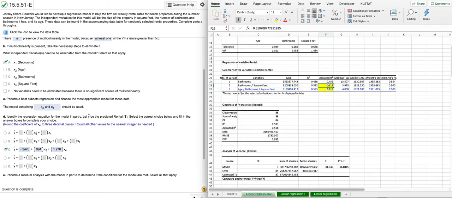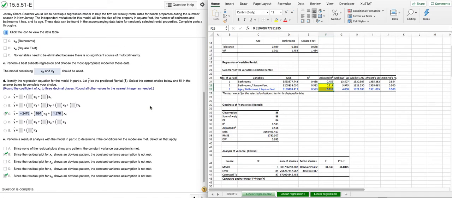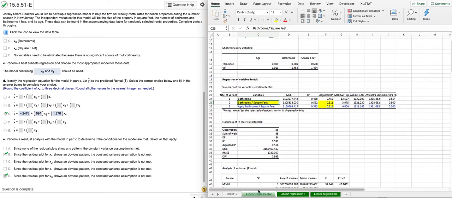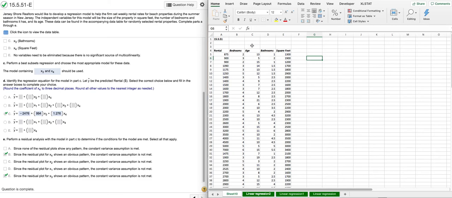Once again, because there's very little difference in the adjusted R squared, just 5/1000ths of a difference. So really our best model in this case is not the third one here, but just the bathrooms and square feet, which is x sub 3 and x sub 4 in our data. So this is x sub 3, this is x sub 4, bathrooms and square feet.